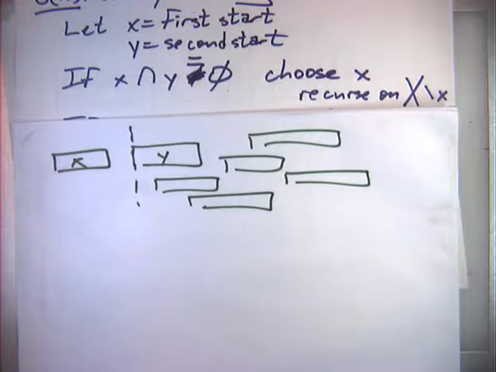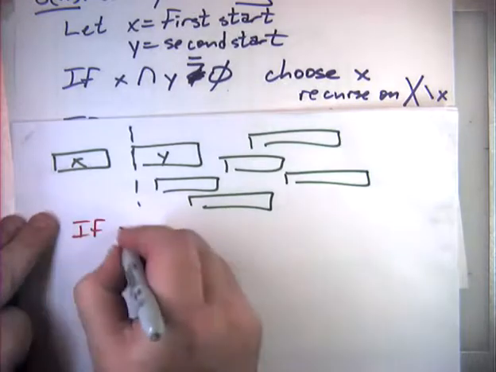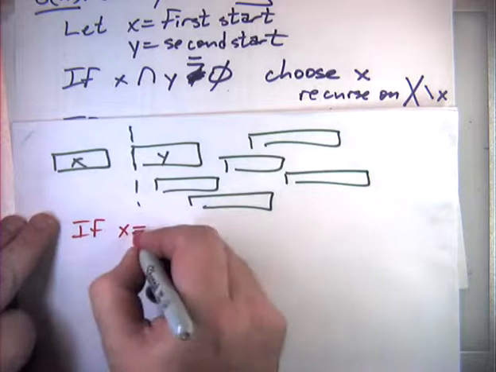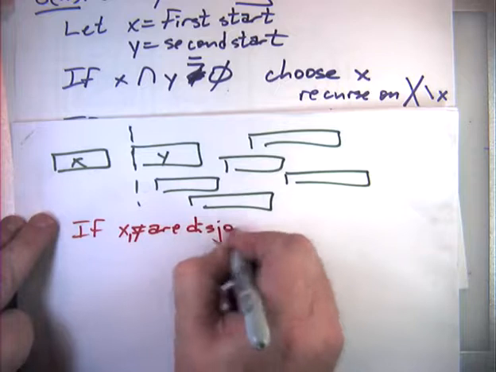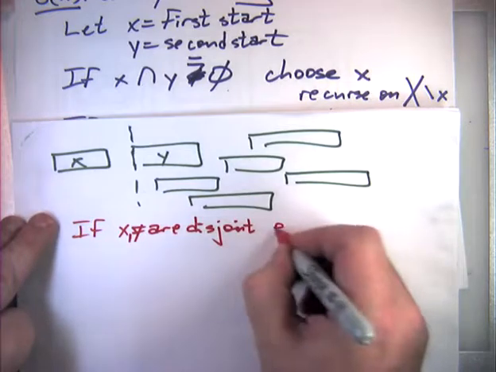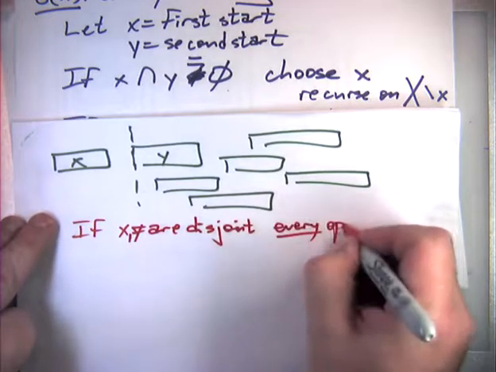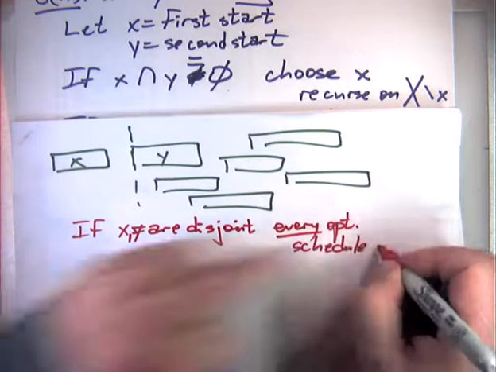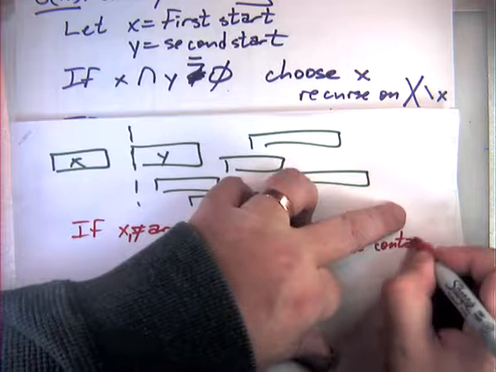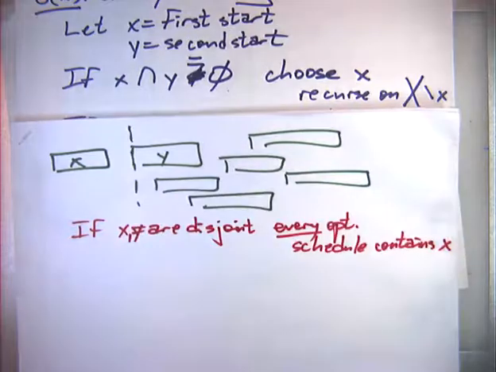So, if X and Y are disjoint, then in fact every optimal schedule contains X, which is equivalent to saying any schedule that doesn't contain X can't be optimal, because then I could add X to it. So that's the first thing I need to prove.